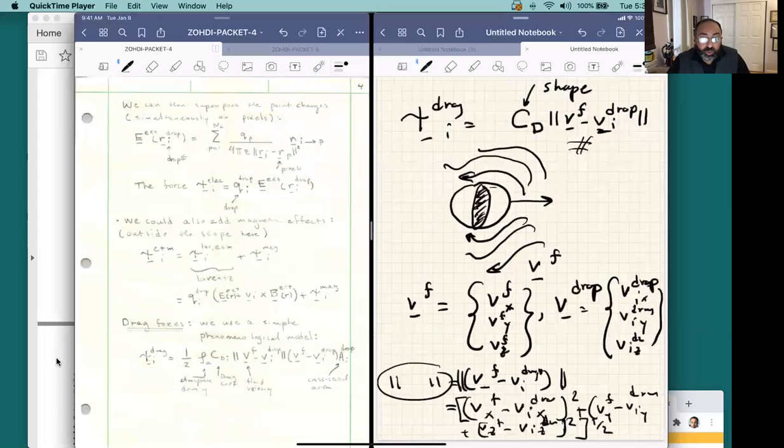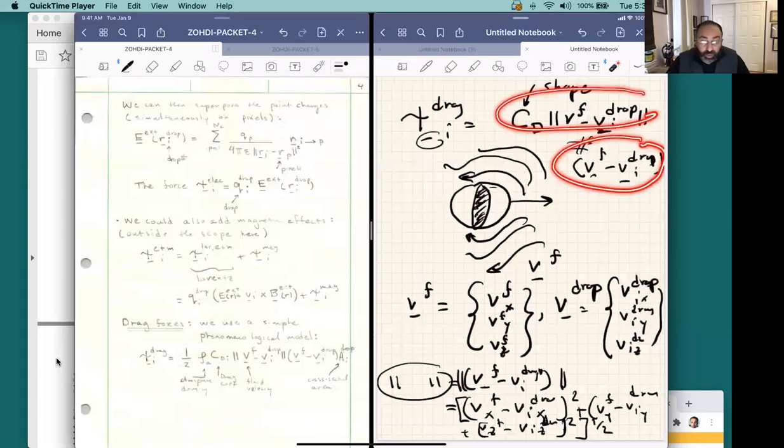Now the problem is that we need to give it some directionality because obviously the drag force is a vector. So in fact, we multiply this by, again, V of the fluid minus V of the drop, I. That gives a directionality to this. So we take this term, we multiply it by this term, and then there are several factors that also influence the drag force that people usually calibrate. And again, one could argue this is all we need, and we're going to just calibrate what the drag coefficient is based upon the material constant.